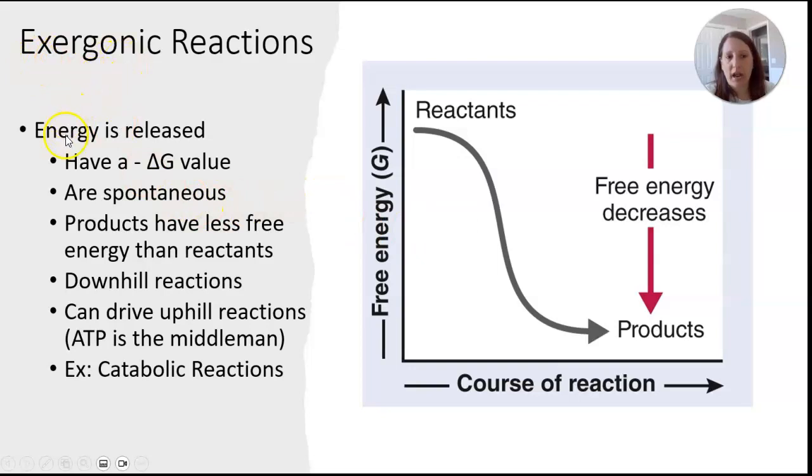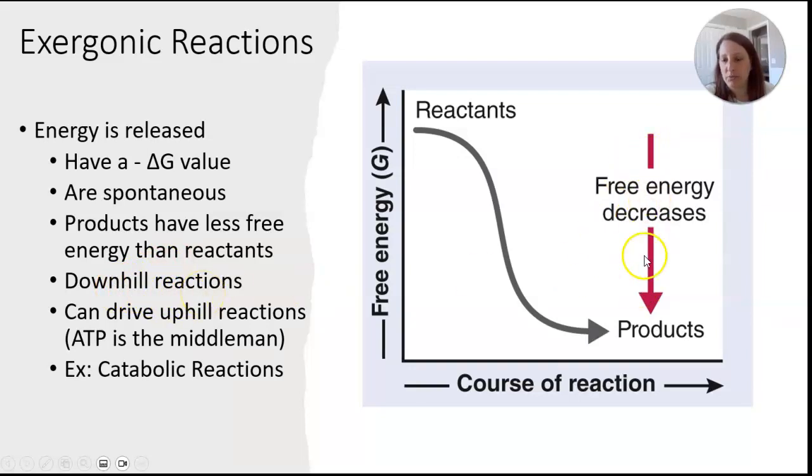So again, exergonic: energy released, products have less free energy than reactants, and so therefore we have a negative delta G value. We would call these reactions spontaneous. Products have less energy than the reactants. We can also call these types of reactions downhill reactions.